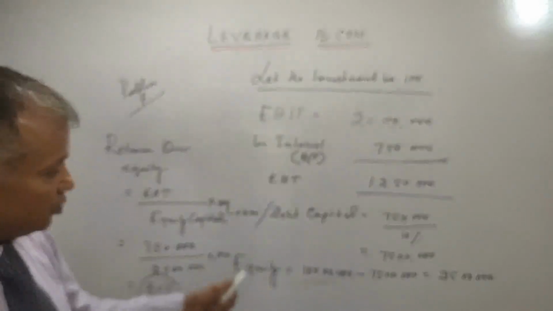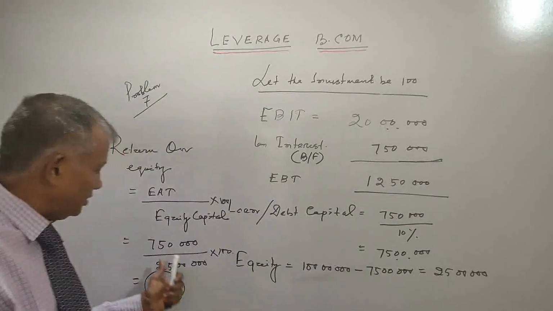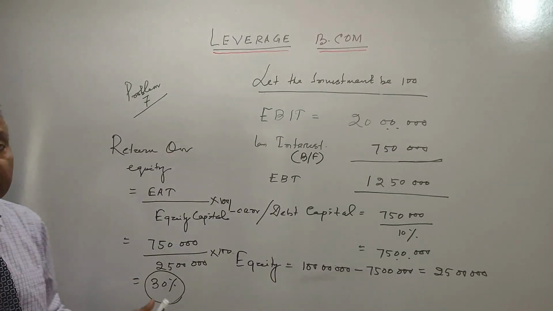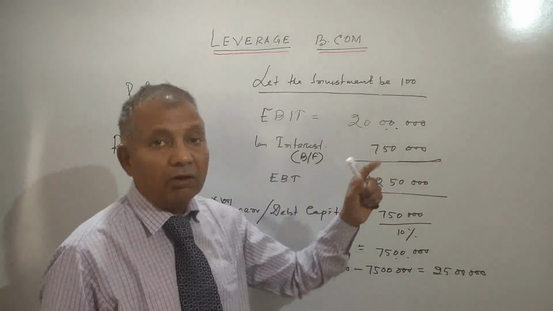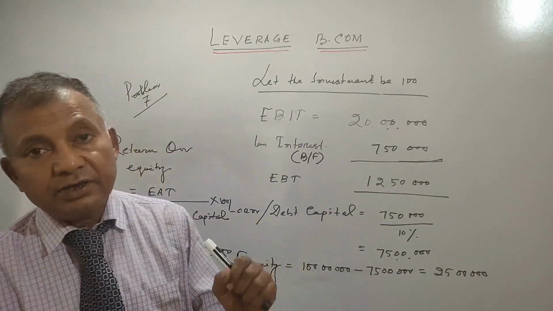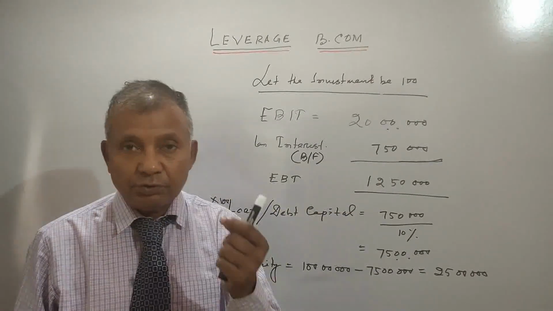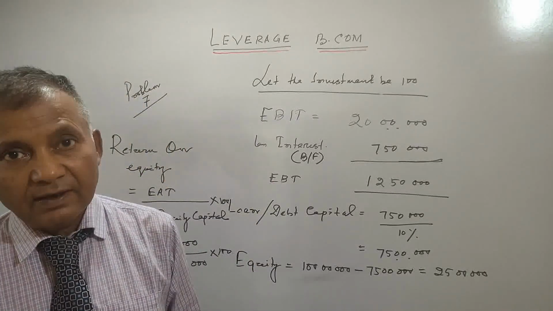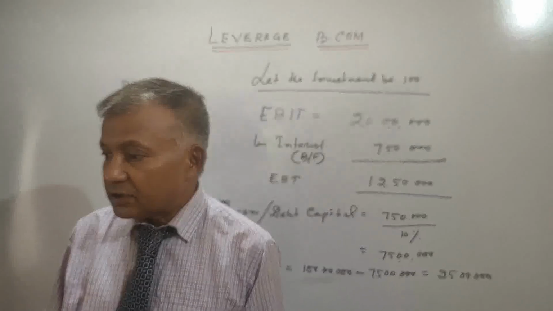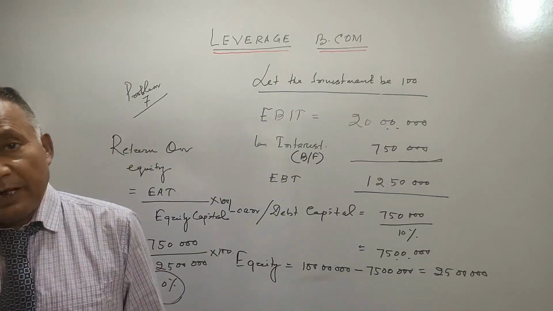So in this way we can find out the return on equity, and they have given you the return on investment, that is a debt, that is your interest, that is 10%. Right? So let us go to the next problem.